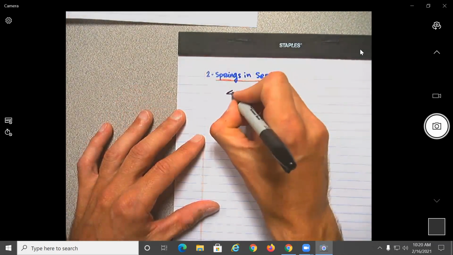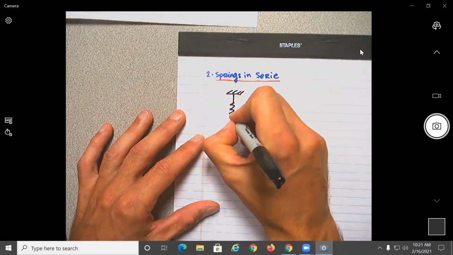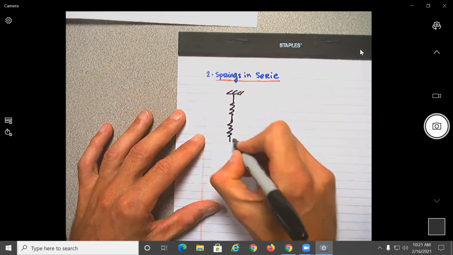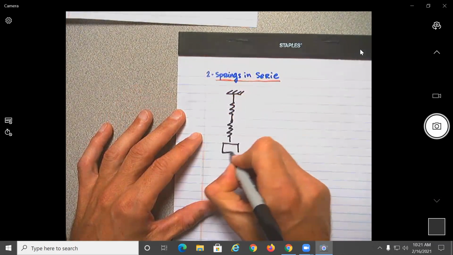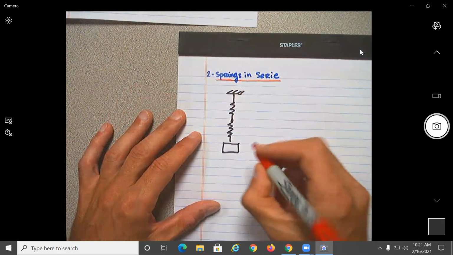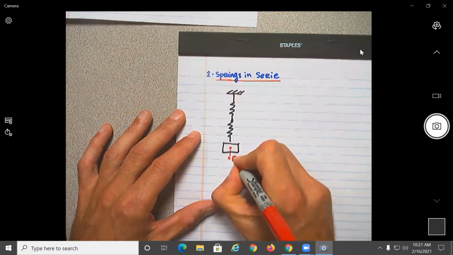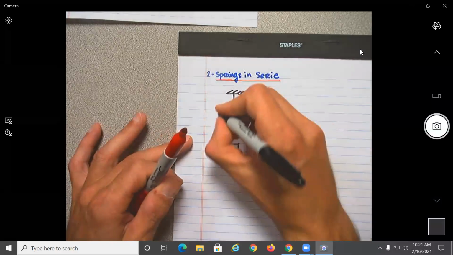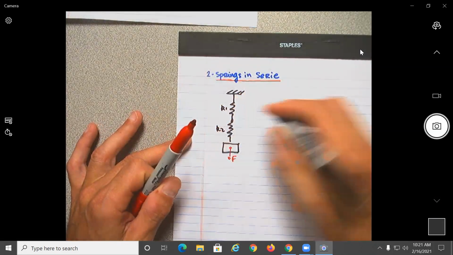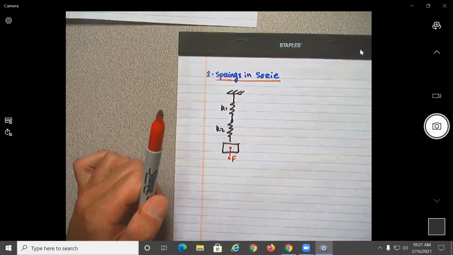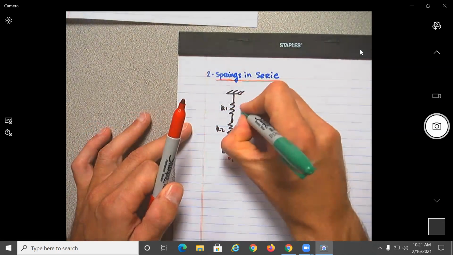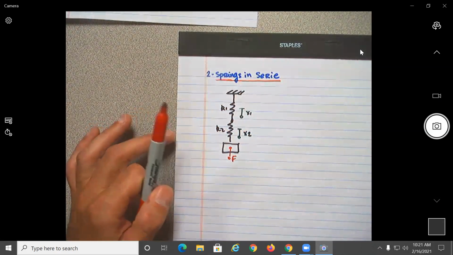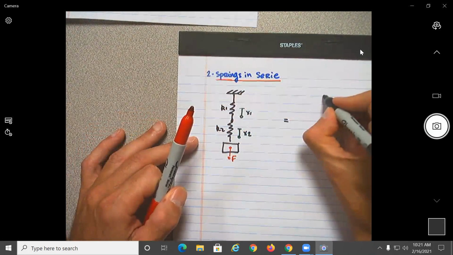So without the figure, there's no way. So again, you're going to have here your force. This will be K1, K2. But now what you need to realize is that this one will be deforming X1, this one will be deforming X2, and you need to find the equivalent spring.